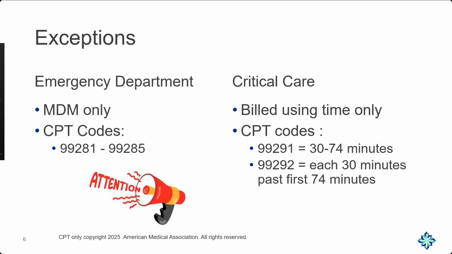So there's a primary code for the first up to 74 minutes, which is the 99291, and then we've included the subsequent code, which is the 99292, and that is for each additional 30 minutes. And again, it varies by patient, but that critical care piece is considered a higher level of code anyway, so MDM is not coming into consideration. You won't have a low level of critical care from a decision-making standpoint.